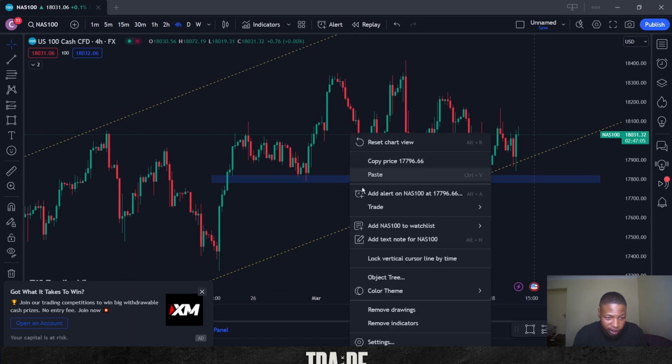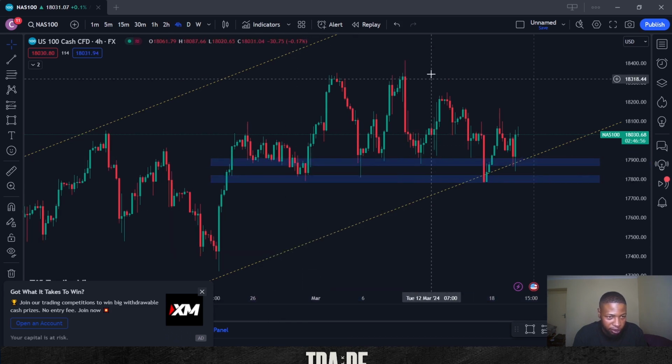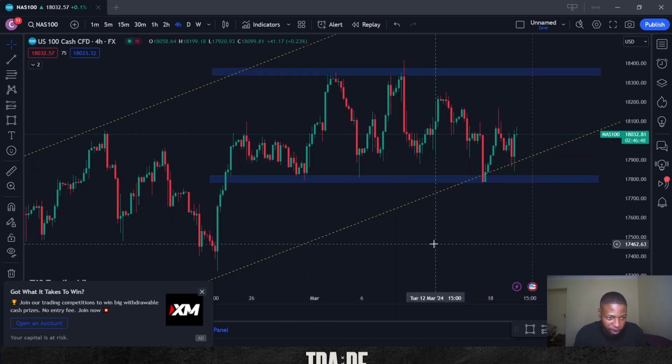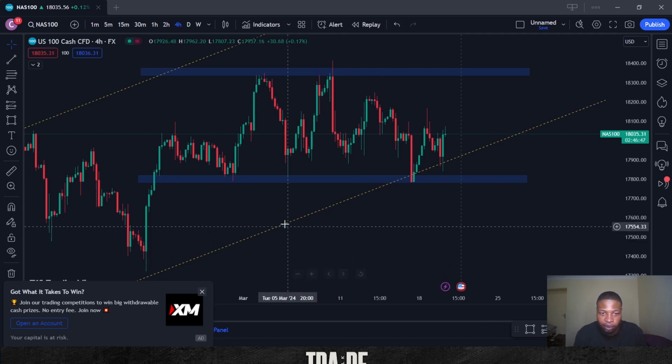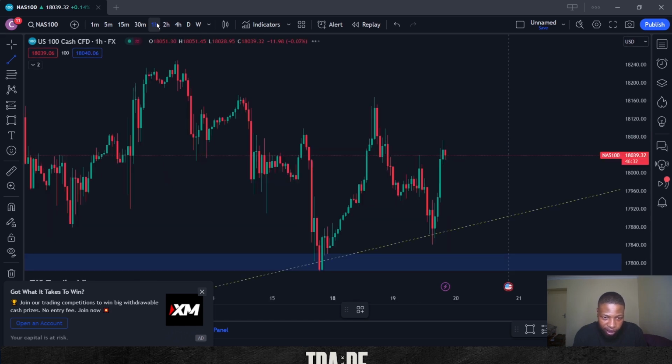And I'm also seeing another powerful demand zone up there, so I'm just going to clone this one and put it to the upside. After doing that, I'm mostly going to look for trend lines on the 4 hour time frame, but mostly I'm going to use the 1 hour to look for any important trend lines that I see.